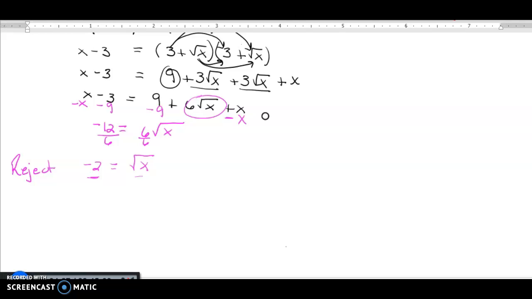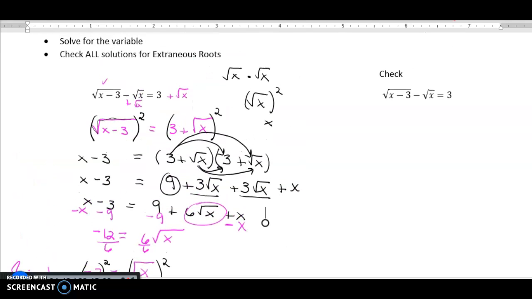But say we didn't notice it and we just continued on our merry way, and we're going to square both sides to cancel out square rooting. And we're thinking this looks good. I get 4 equals x. Well, when I take it back up here and I plug in 4, and I always check my answers, it looks good so far. 4 minus 3 is 1.